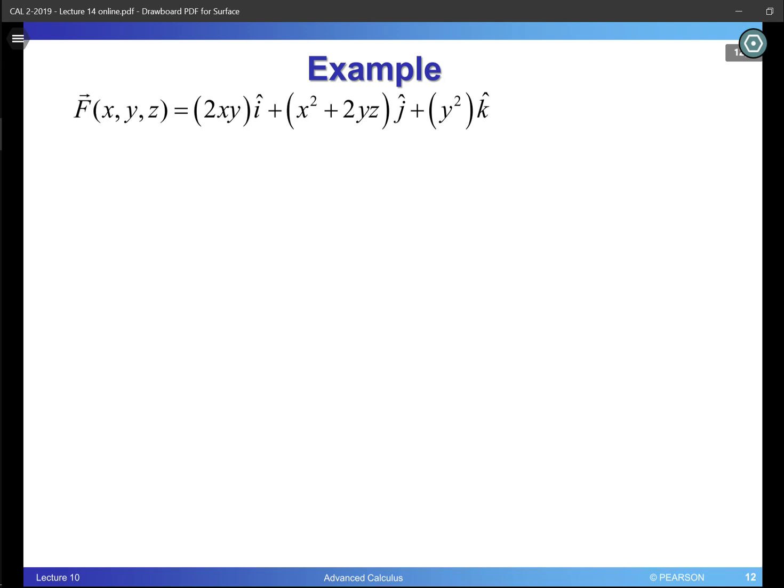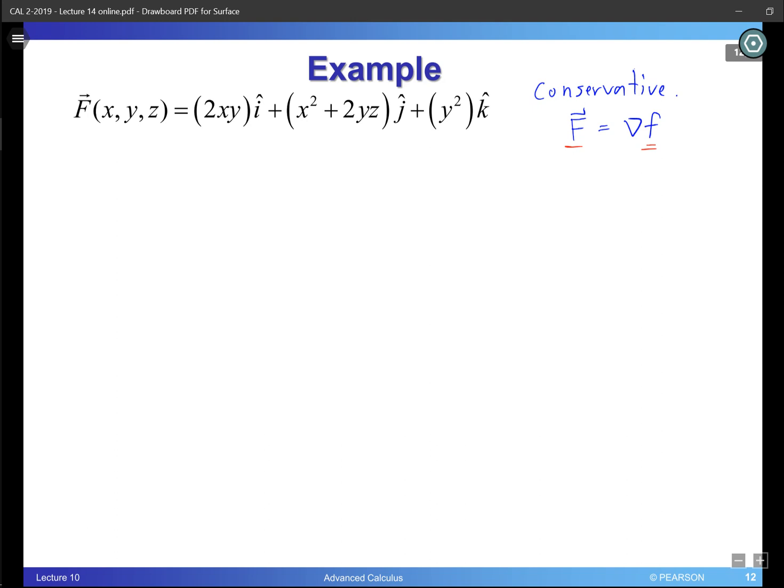Is this vector field conservative? By now you know that if a vector field is conservative, it means that this vector field can be derived from the gradient of a certain function. So if you can prove that this F can be derived from this, then your vector field is conservative.